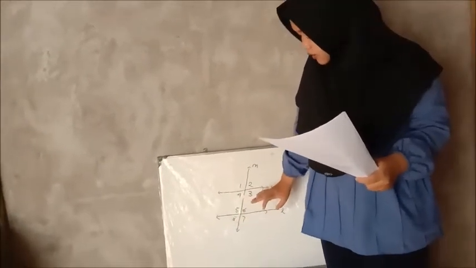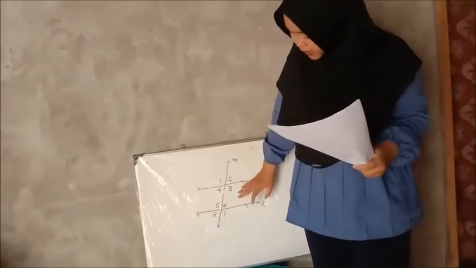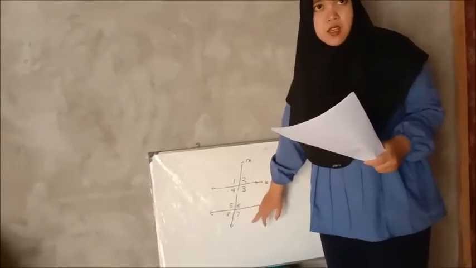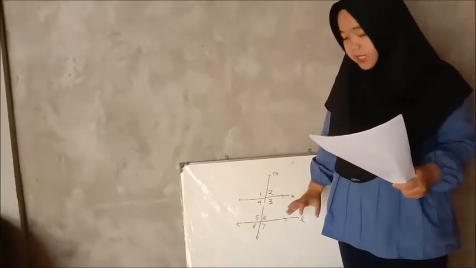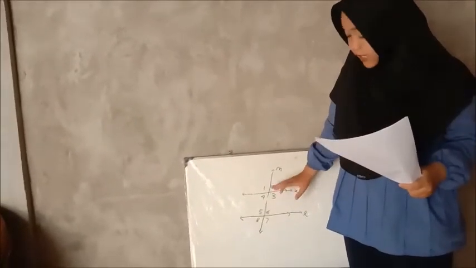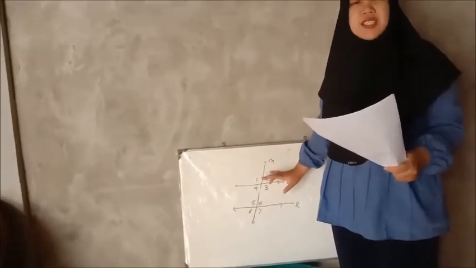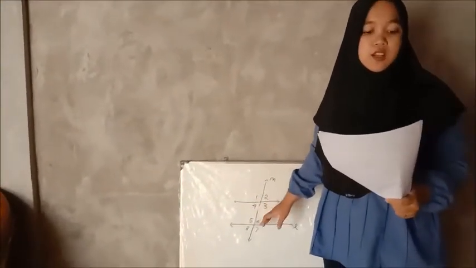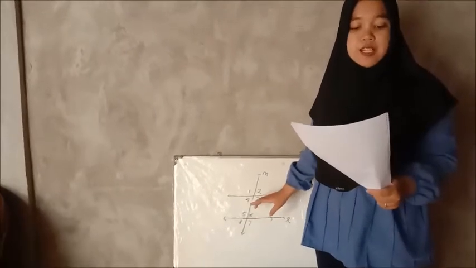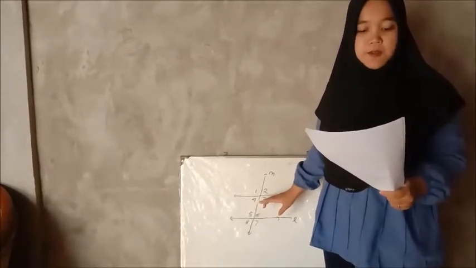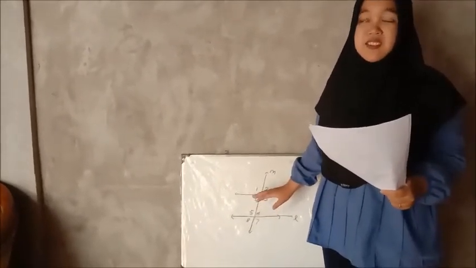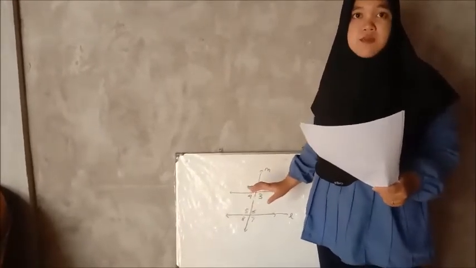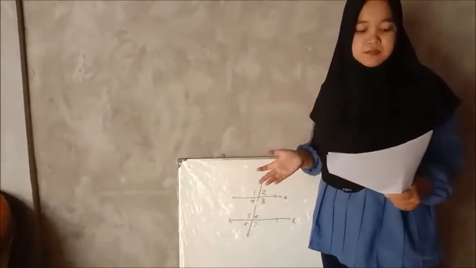Then the last one is angle 3 and 7. From that, we know that the degree of angle is same. So we have conclusion that a corresponding angle have the same degree of angle. So the measurement of the angle is same.